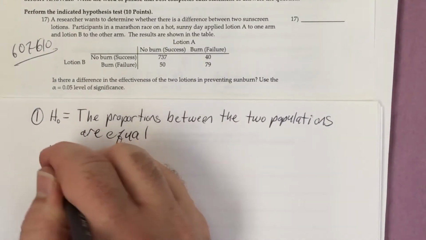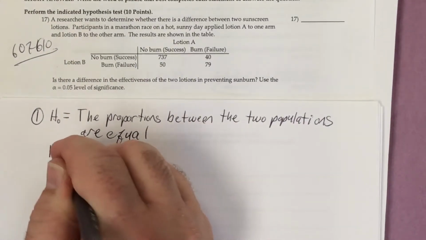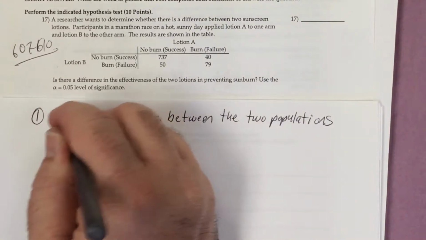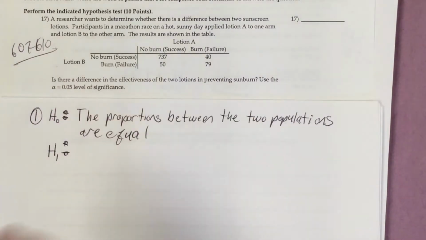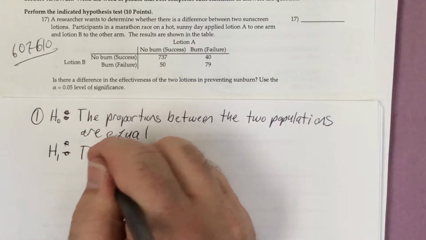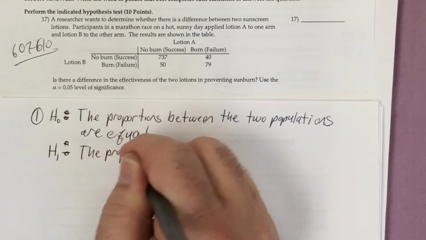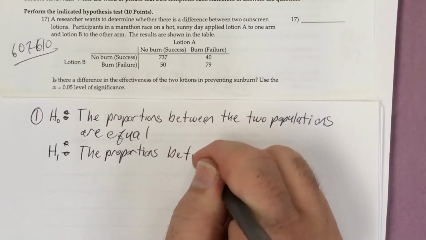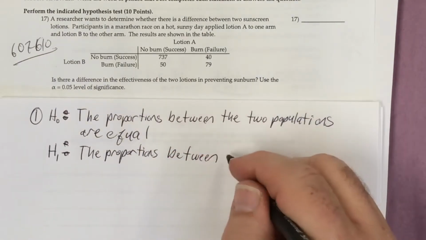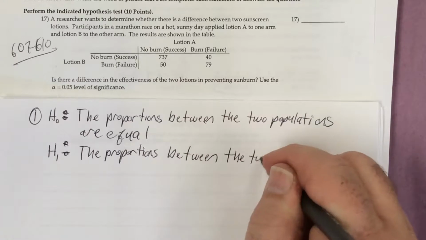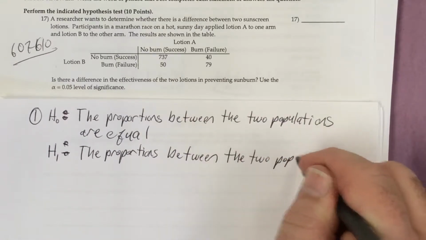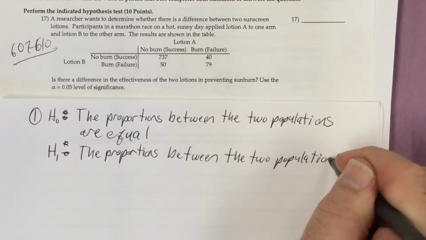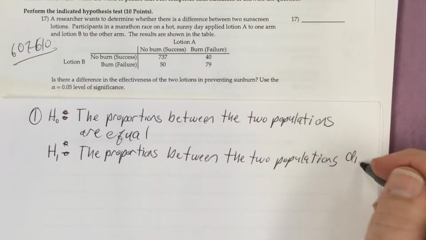And then for the alternate hypothesis, and by the way, this should not be an equal sign, it should be a colon here. The proportions between the two populations differ.